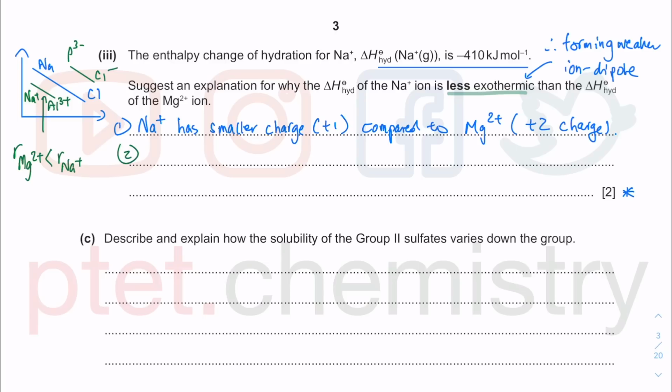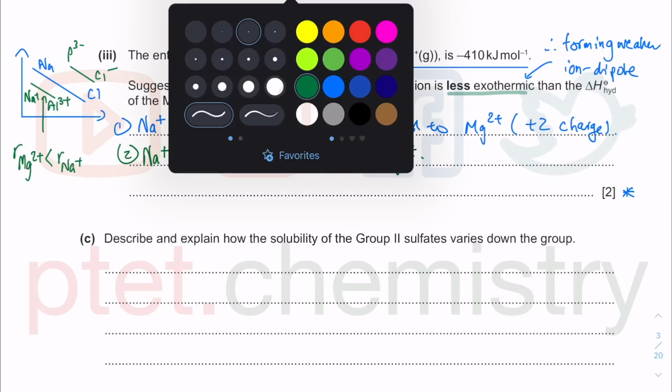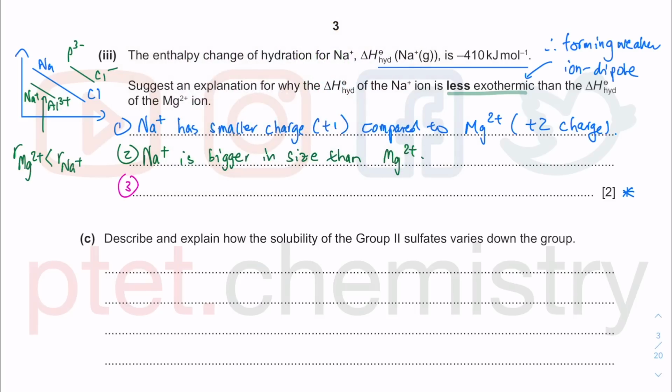So what do we know there? Well, actually maybe I should start off with Na plus. It doesn't matter as long as you get the correct trend. So Na plus is bigger in size than Mg2 plus. So overall, what we can say is about the charge density. Charge density is part of that idea in the group 2 chemistry when you talk about thermal stability as well as solubility.